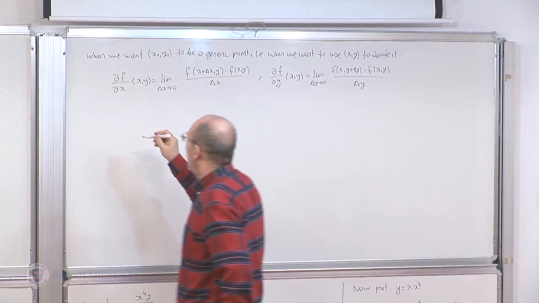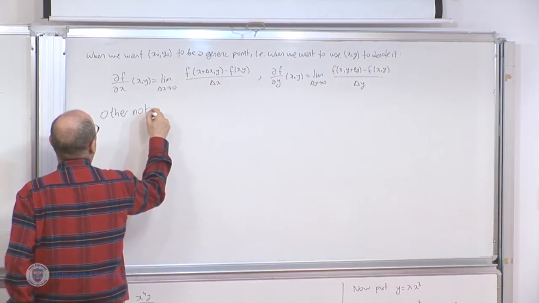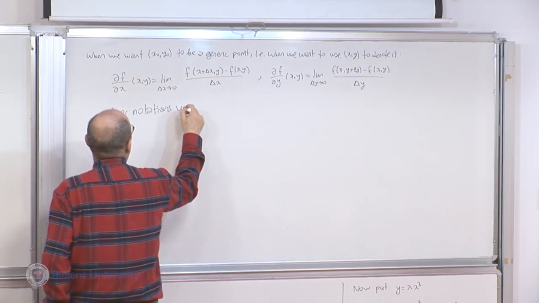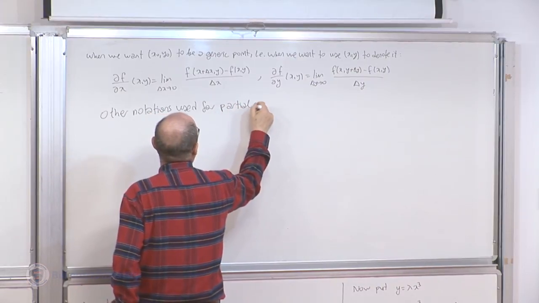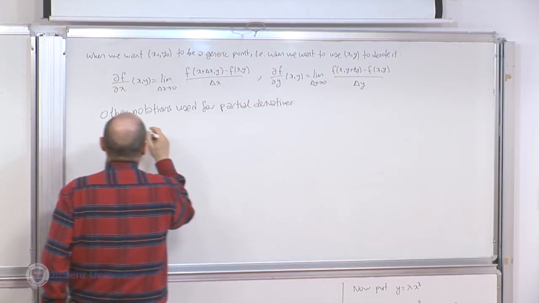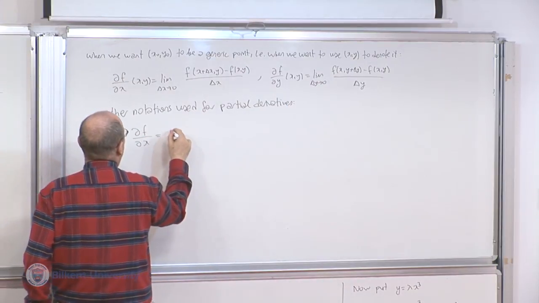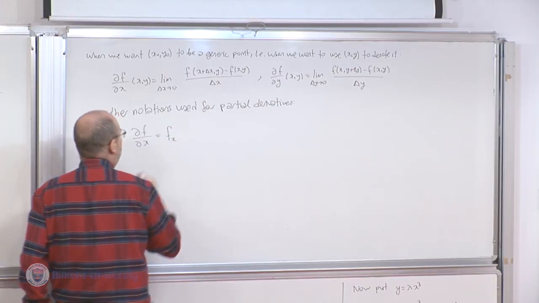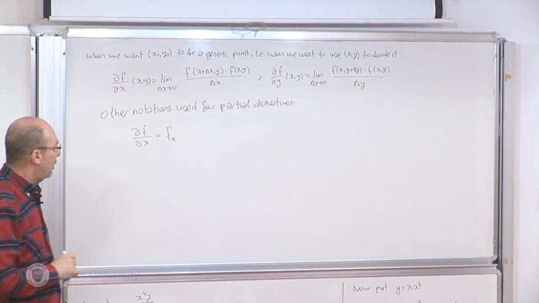Other notations are used for partial derivatives. The first one is this, for example. The other one is we put an x here, denoting that we are taking the derivative with respect to x.